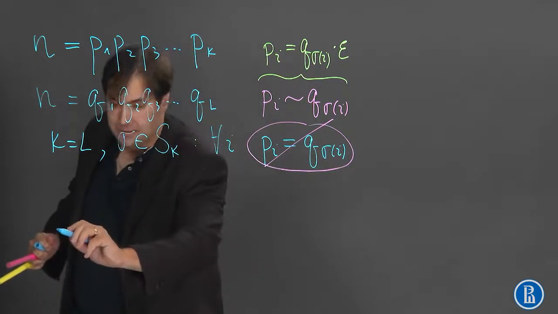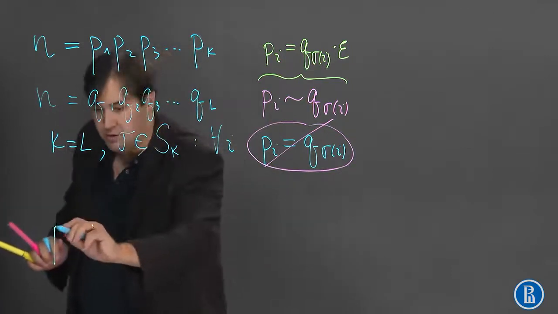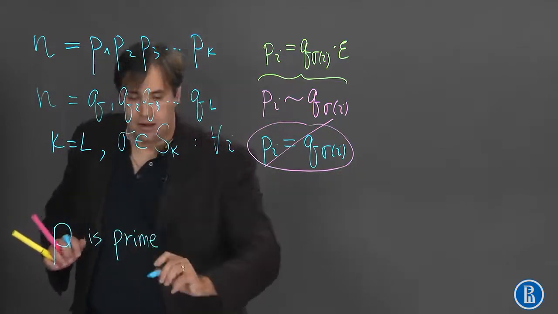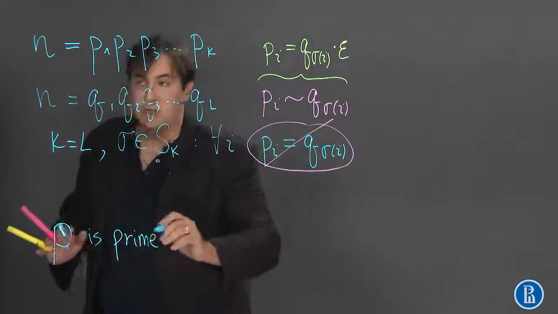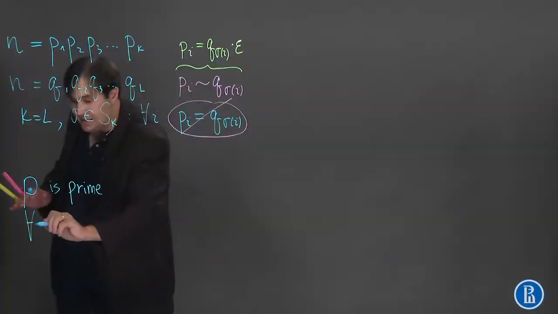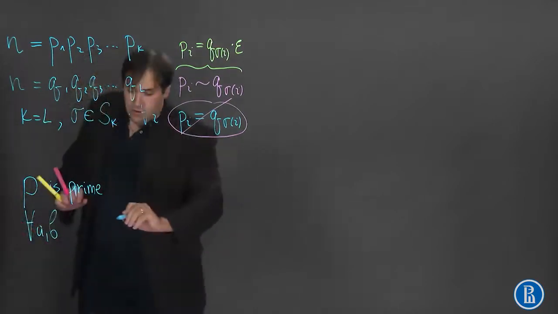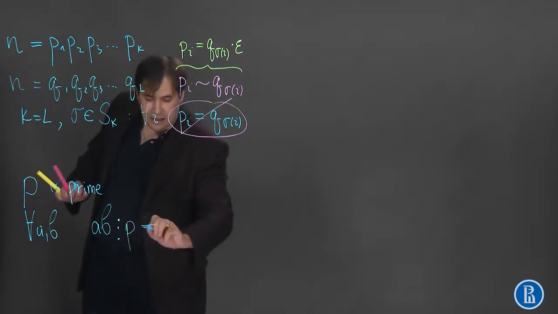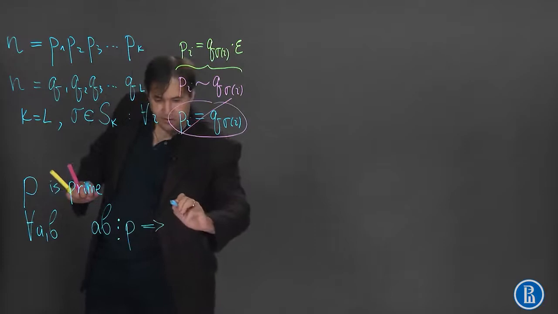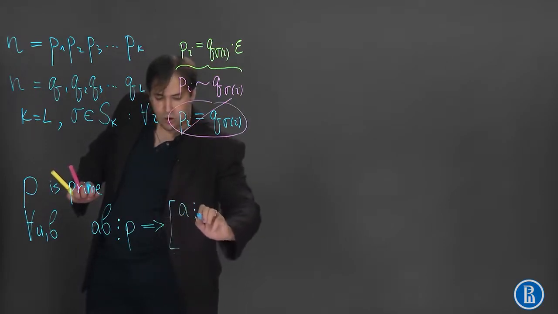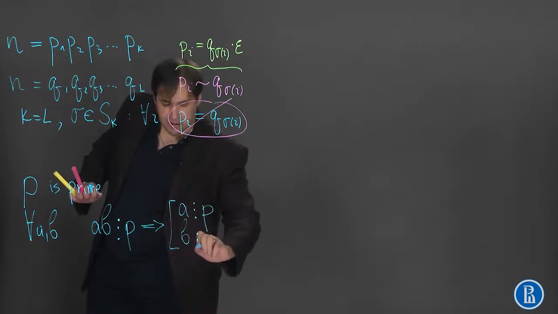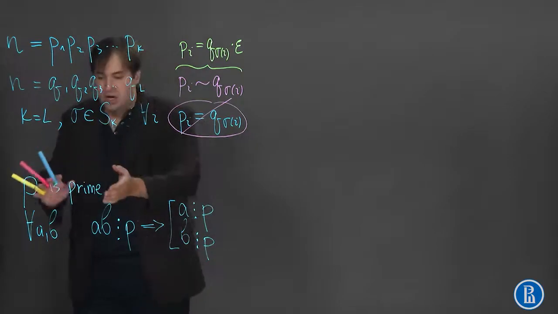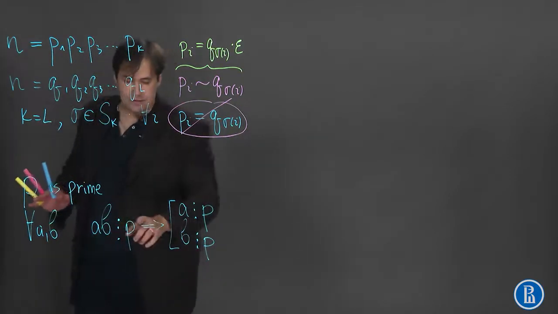Well, we say that P is prime if for arbitrary elements A and B, from the fact that AB is divisible by P, it follows that either A or B must be divisible by P. So once again, we say that P is prime if from this it follows this.